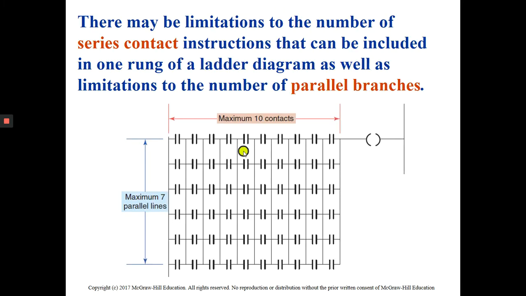When we say there is a limitation in the number of series instructions and vertical instructions, in parallel or in series, horizontal and vertical, if we have such a limitation in the number of instructions, we can use the internal relay in order to make logic continuity from one line or from one branch to another branch.